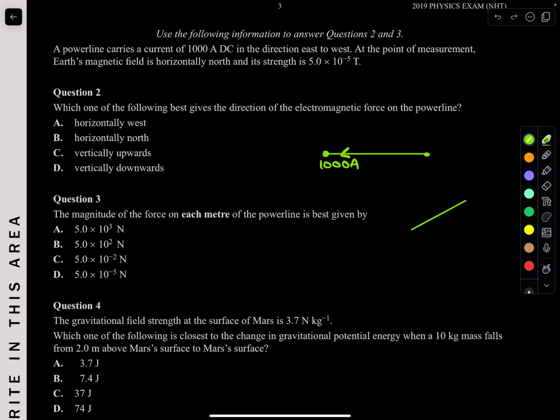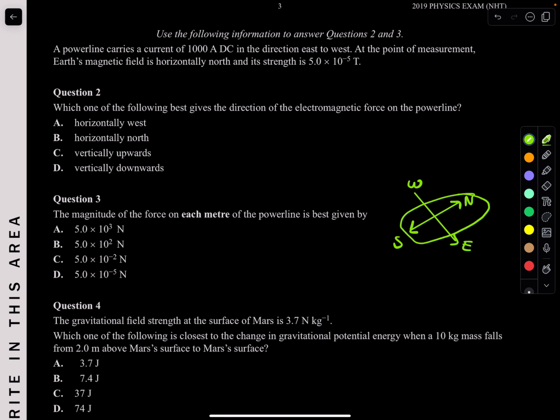Imagine these are your scales. This is your north, this is your south, and this over here should be your east and your west. Let's actually draw them using these, because it says horizontally north.